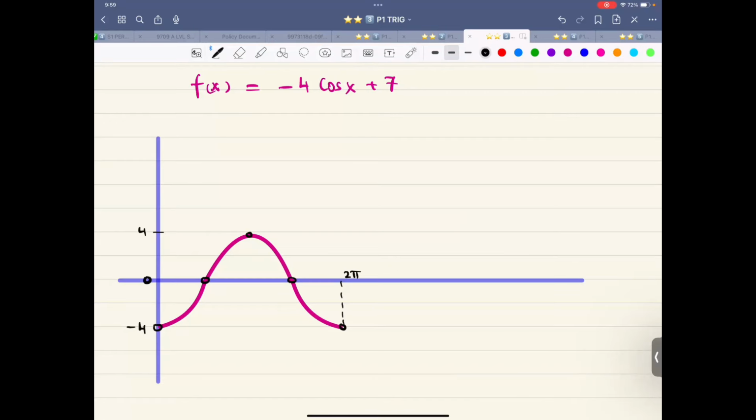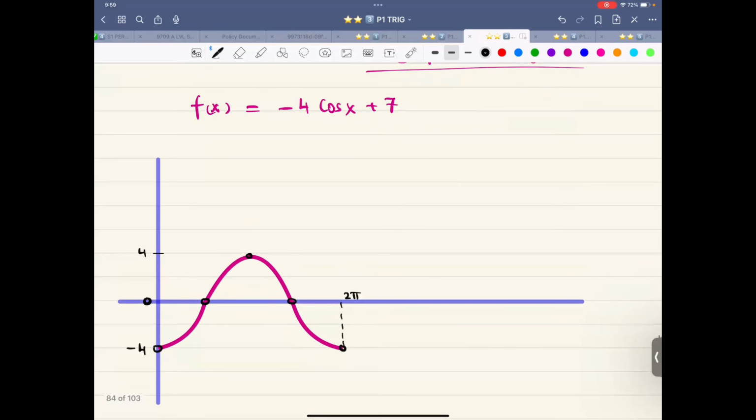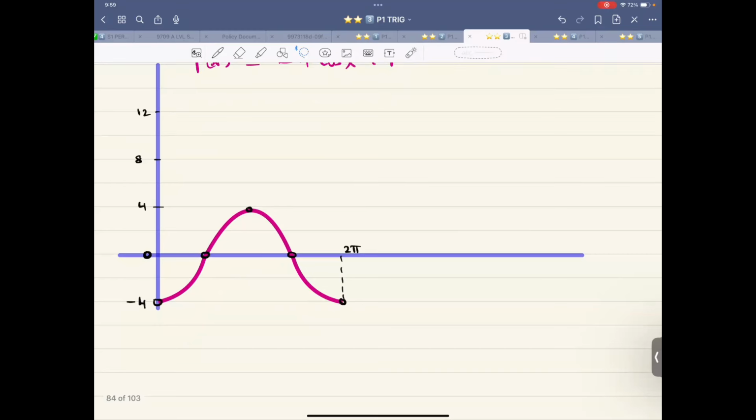Now, if I raise it up by 7 units, so 4 plus 7 is 11. So let me just pull this y-axis up. So this is 4, this is 6, this is 8, this is 10, and this is 12. And let me grab the pieces. So let's start with this.